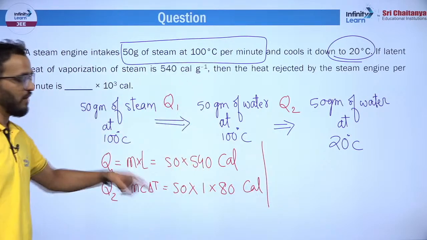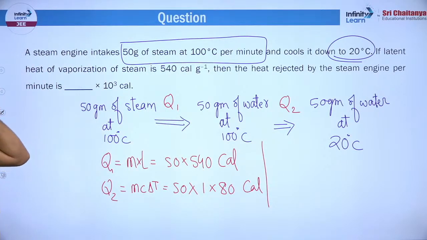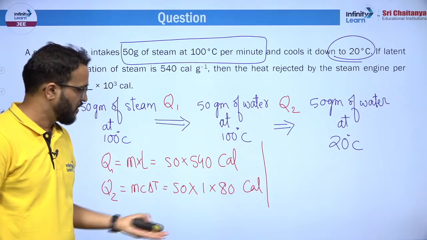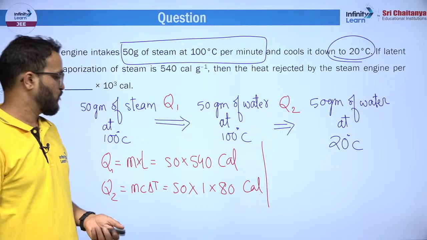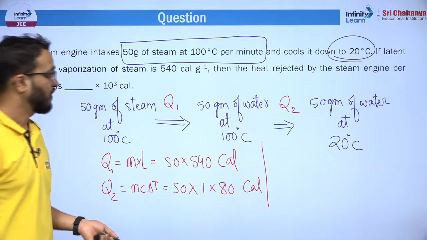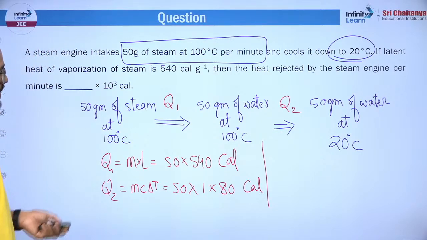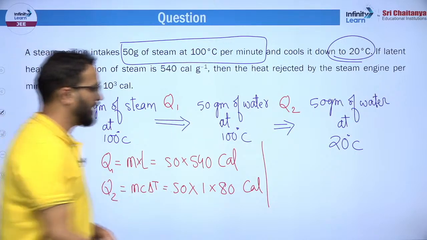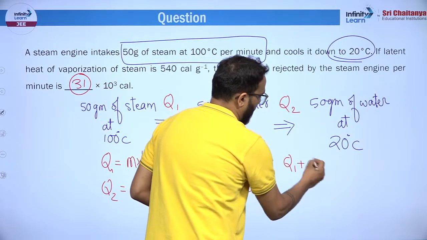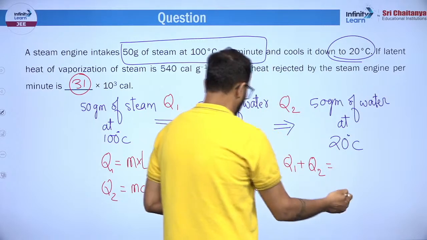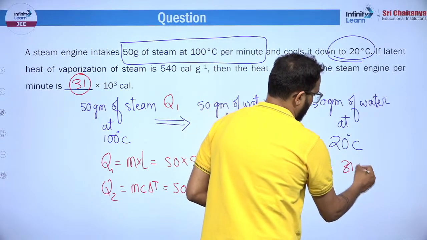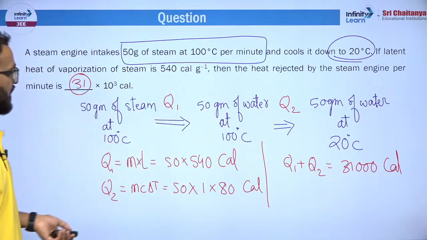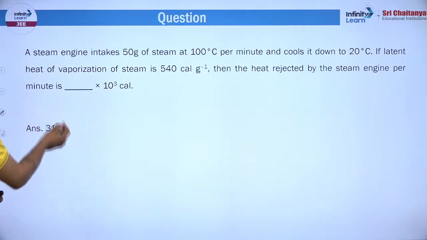Now if you add them, 540 plus 80 is 620. Half of 620 is 310, so the answer will be 31,000 calories. So overall heat they are taking out per minute will be 31,000 calories. So yes, 31 is the right answer.